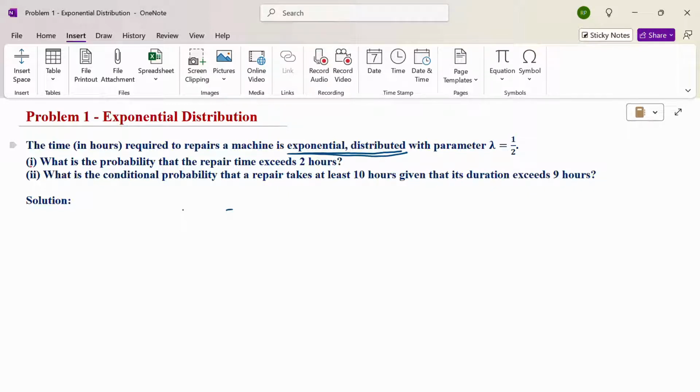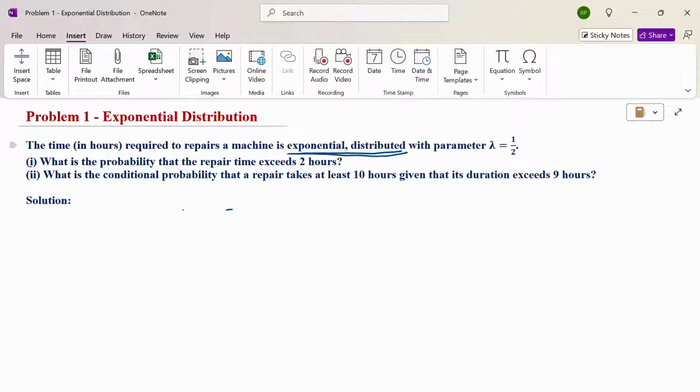Suppose it's not mentioned, first check whether the given problem is discrete or continuous. Discrete means a finite number of values or a countably infinite number, and continuous means an interval or range. In this problem, time interval, time range, so this is continuous.